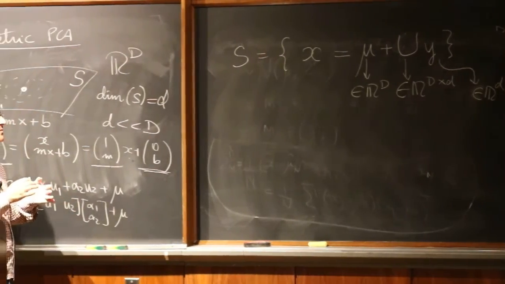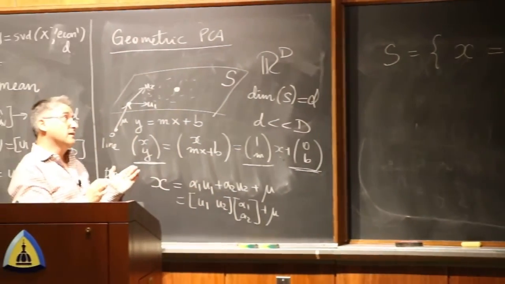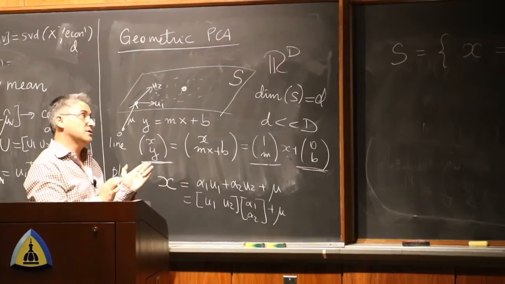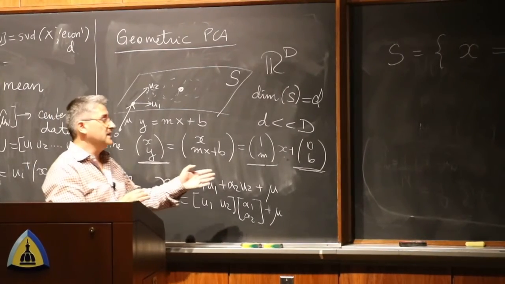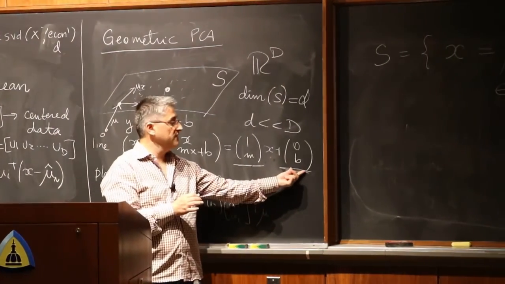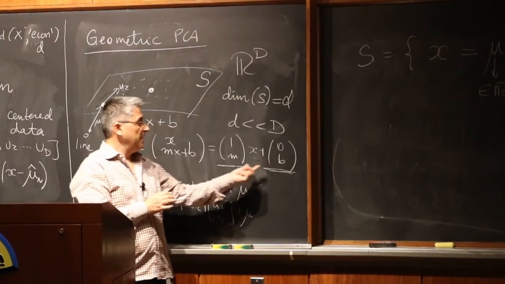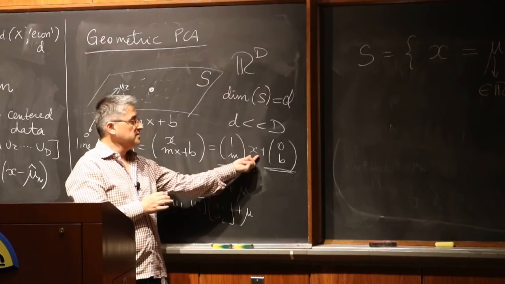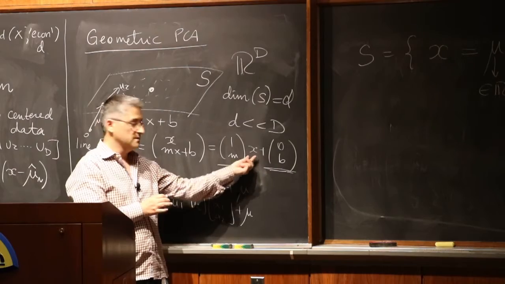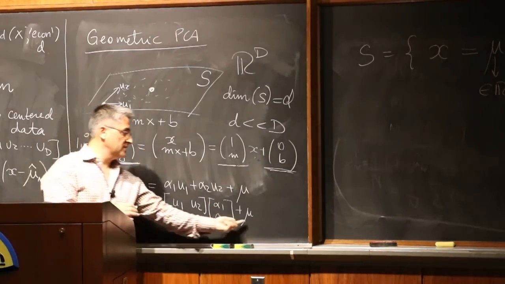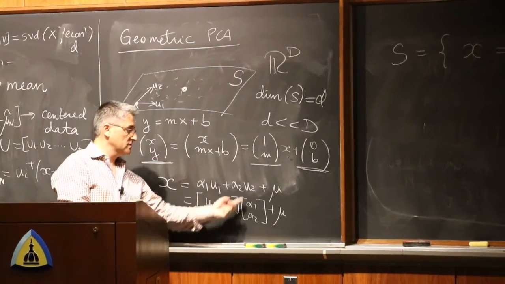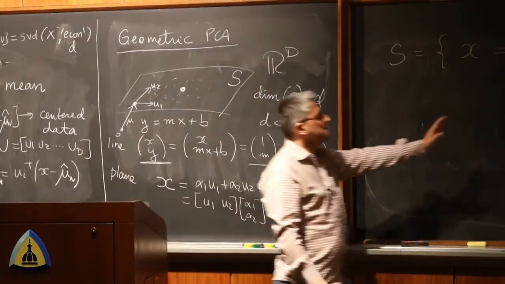So I'm just repeating myself. If this was a line in R^2, all I would be saying is that any point on the line is equal to a fixed vector plus one column of U times this. Then when I had a plane, it's a fixed vector plus two vectors. So all I'm saying here is the same.